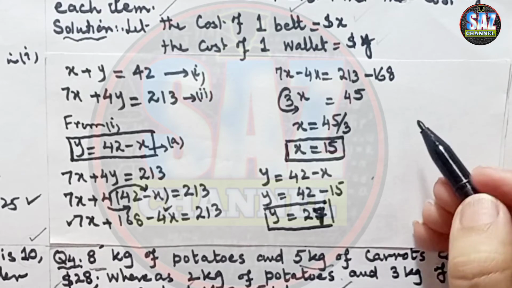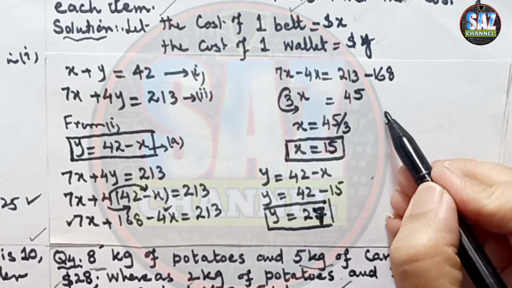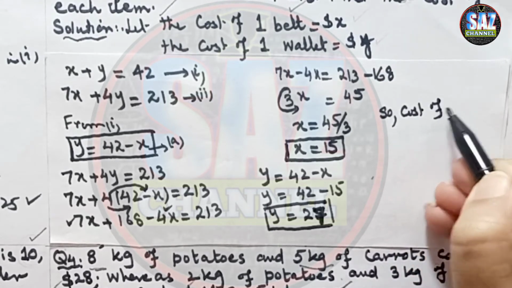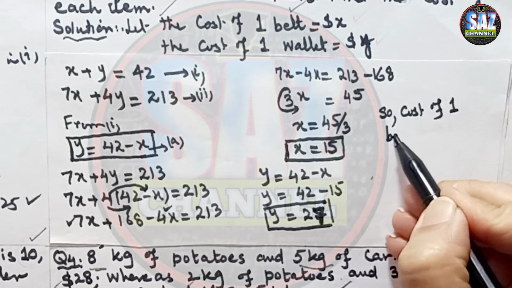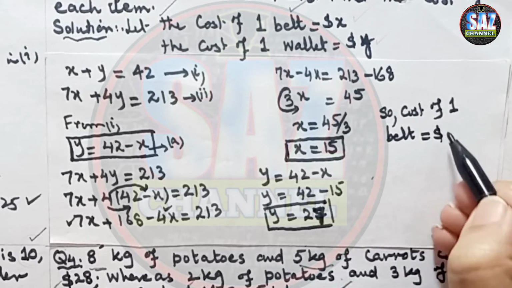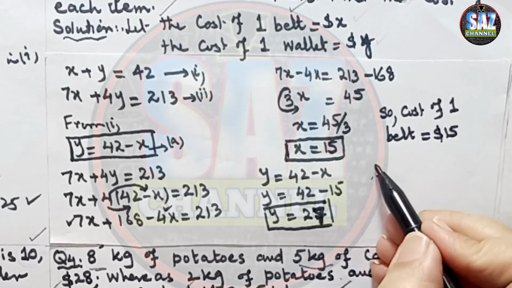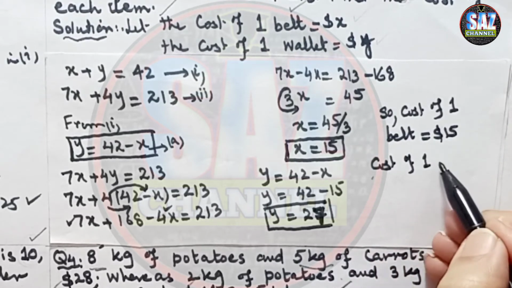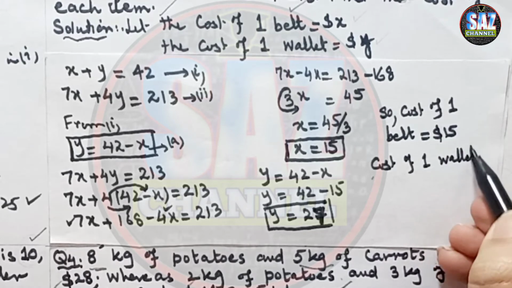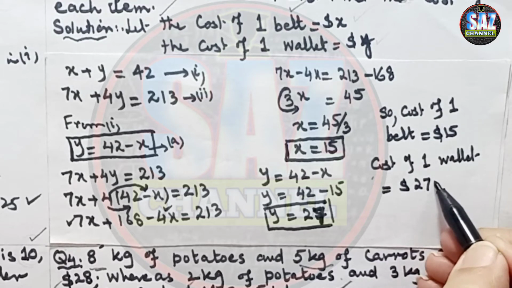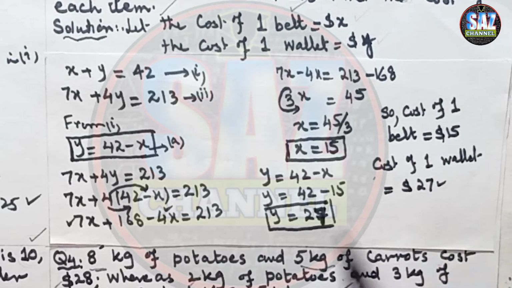So the cost of one belt is $X, and $15 is the value, and the cost of one wallet will be equal to $Y, which is $27. I hope you are clear about this question, and let's move to the next question.